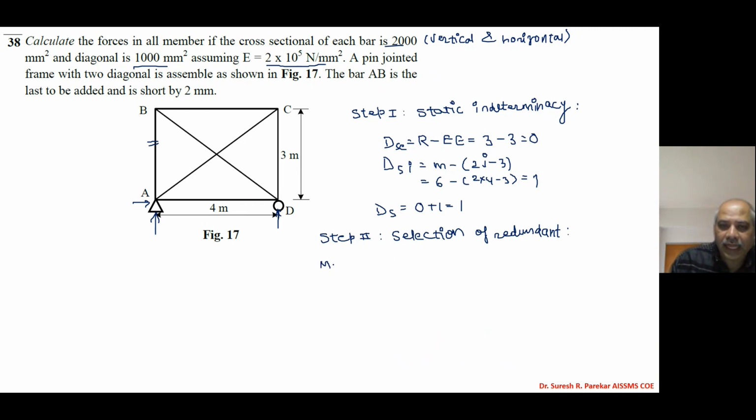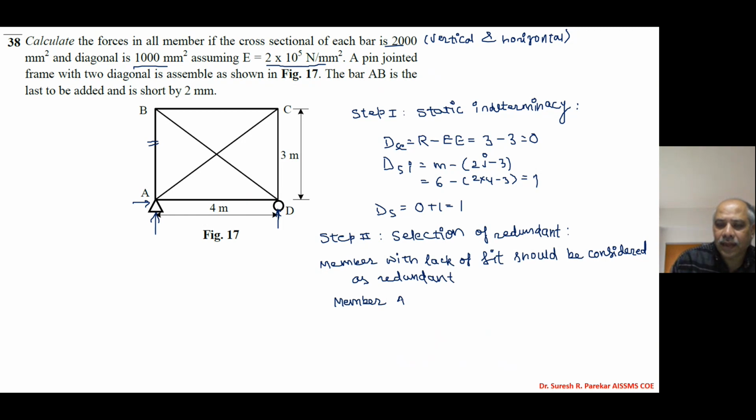So a member with lack of fit should be considered as redundant. And therefore we have to consider member AB as redundant.